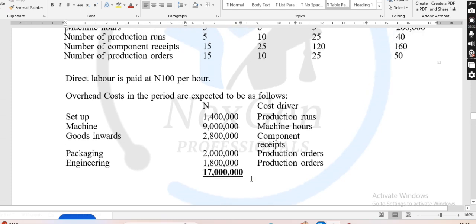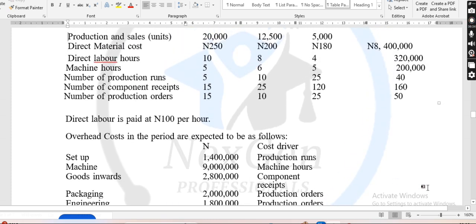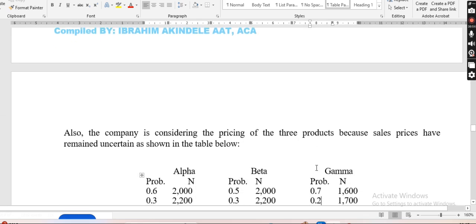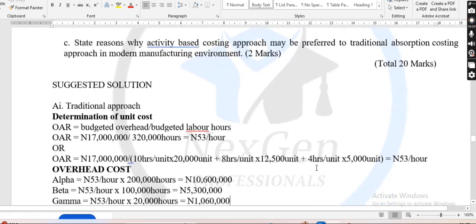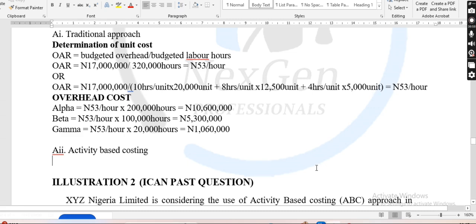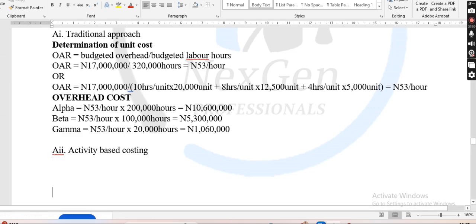You can see the cost drivers here: the number of production runs, machine hours, and goods inward, which we have identified. Now the next thing is to determine your OAR. Activity-based costing also has an OAR.